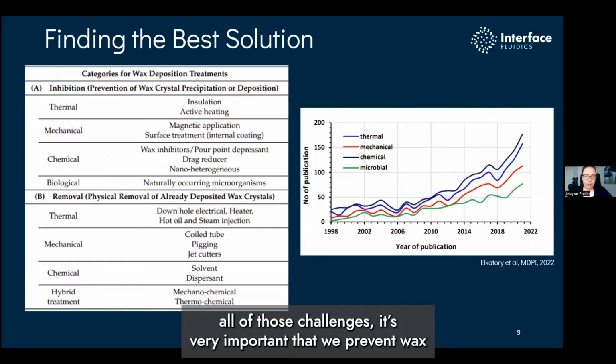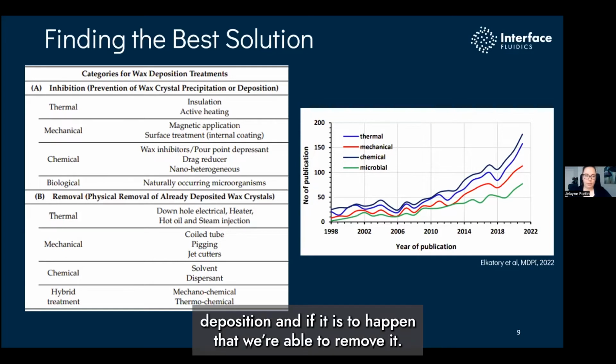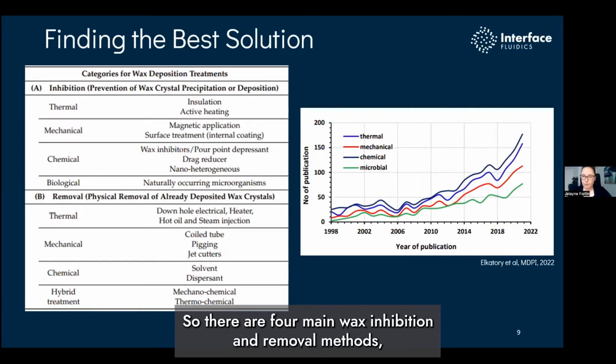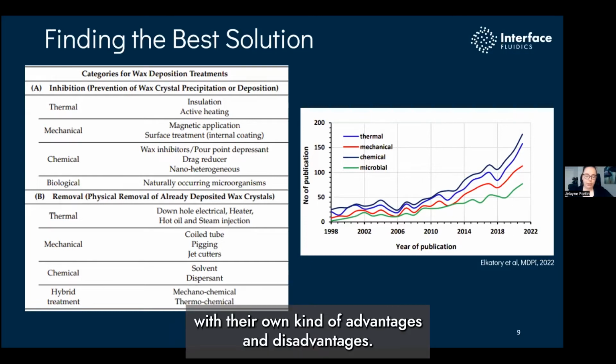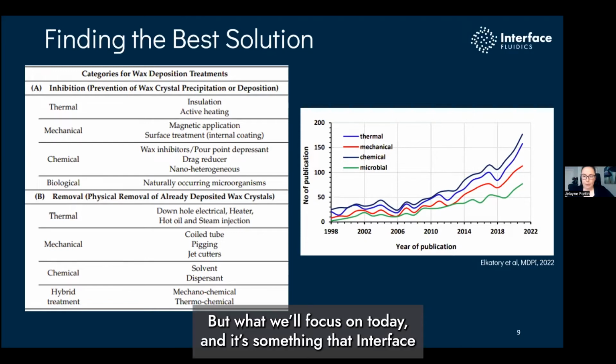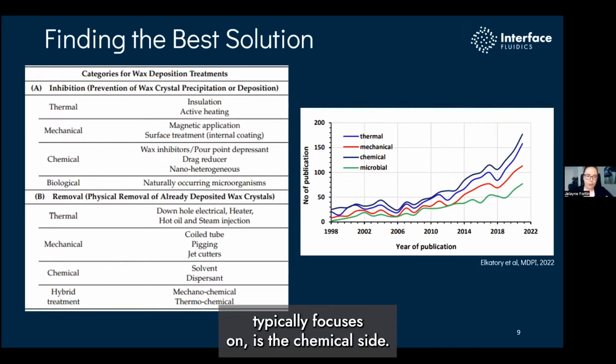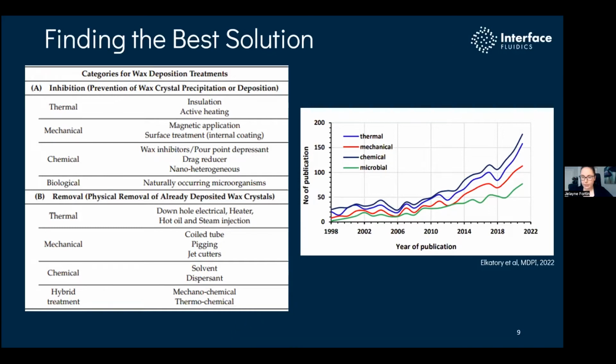Of course, given all of those challenges, it's very important that we prevent wax deposition, and if it is to happen, that we're able to remove it. There are 4 main wax inhibition and removal methods, including thermal, mechanical, chemical, and biological. Each of these comes with its own advantages and disadvantages. But what we'll focus on today, and what Interface typically focuses on, is the chemical side.